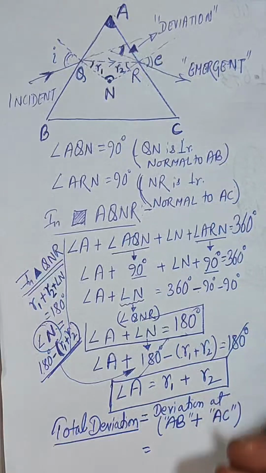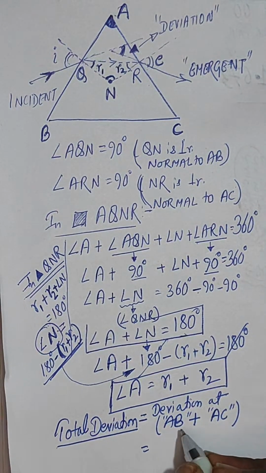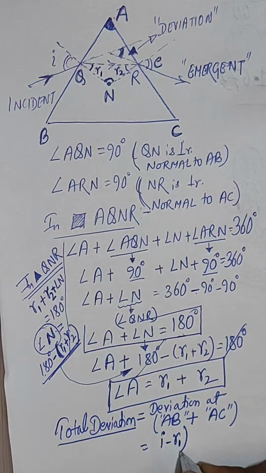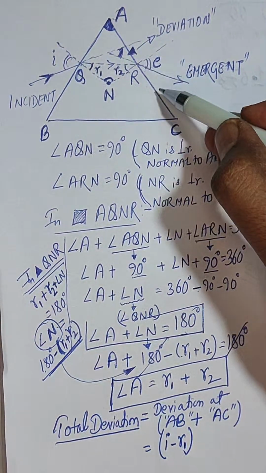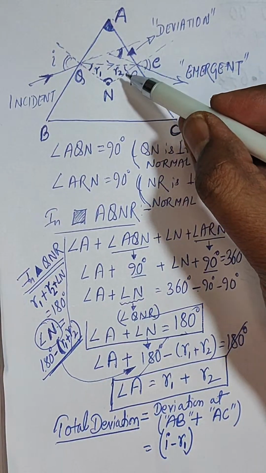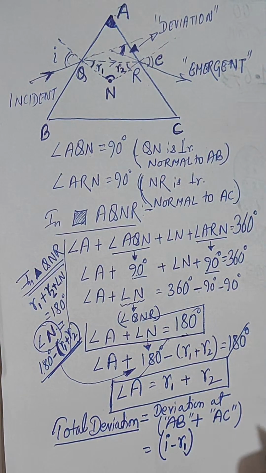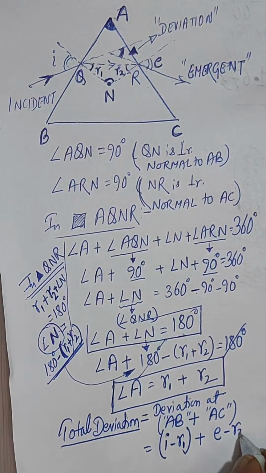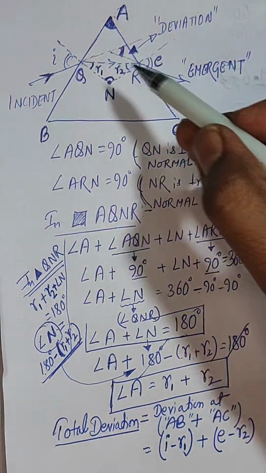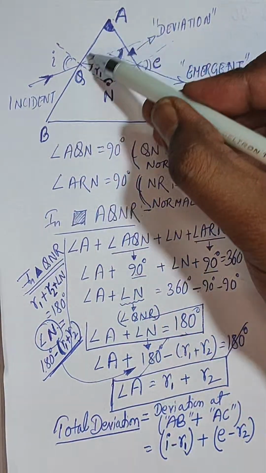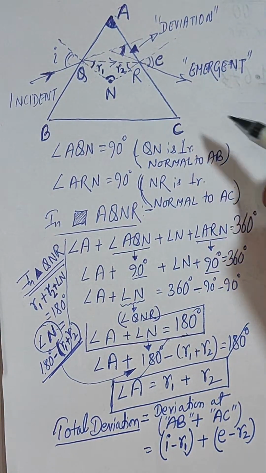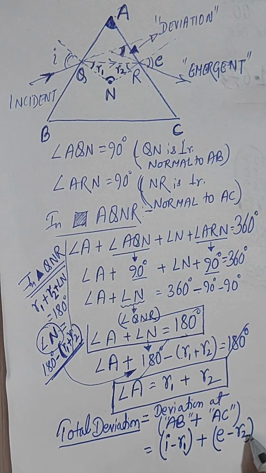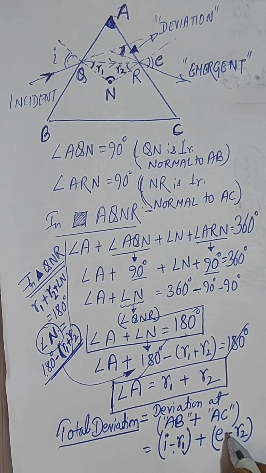So at this surface, deviation at AB becomes I minus R1, and at this surface E minus R2 will give you the angle of deviation. So just add E minus R2. This will give you the deviation at surface AB and deviation at surface AC, right? That's why we have mentioned I minus R1 and E minus R2. So this will give you the total deviation, right?